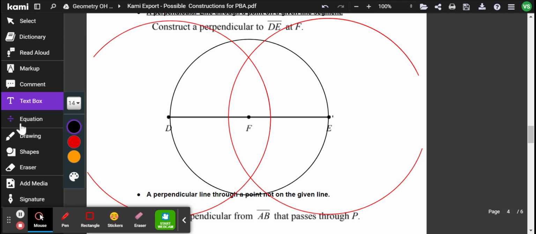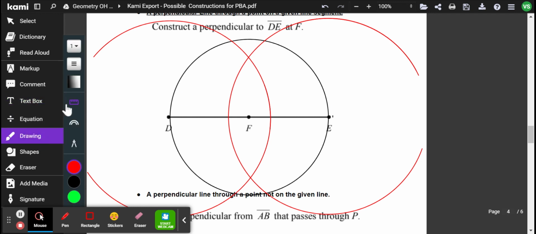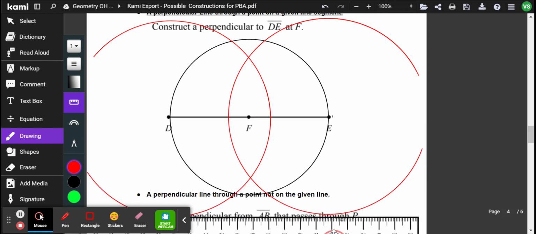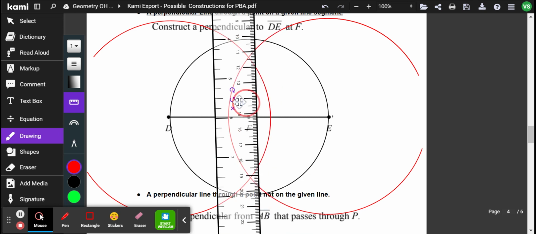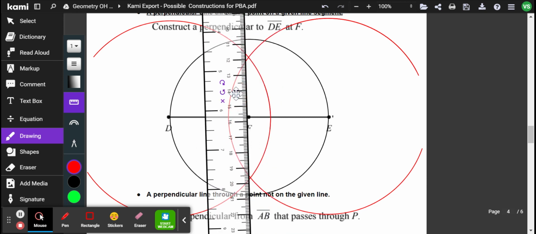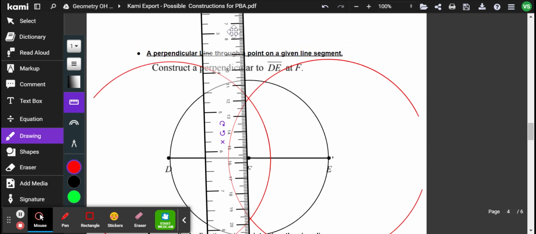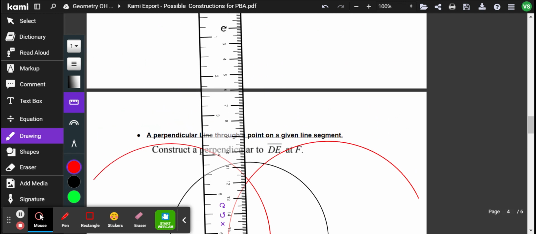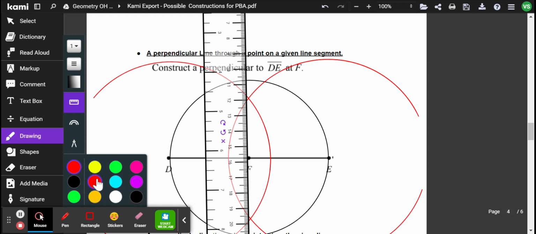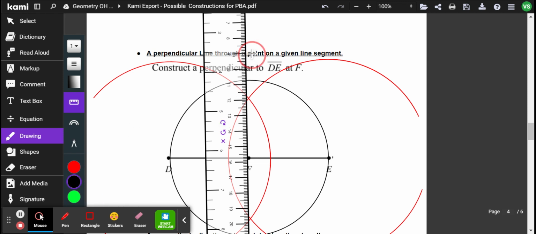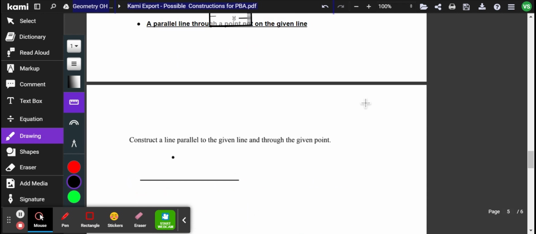So what I'm going to do is get my ruler again, and I am going to make that line pass through, just a little bit over. And I am going to draw a line that is going to be my bisector right through there.